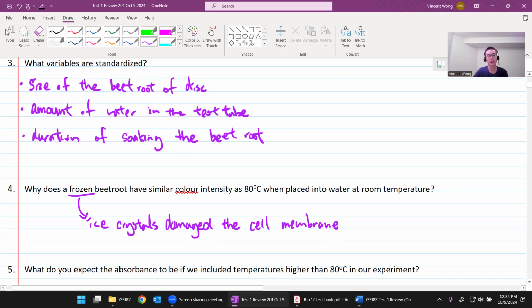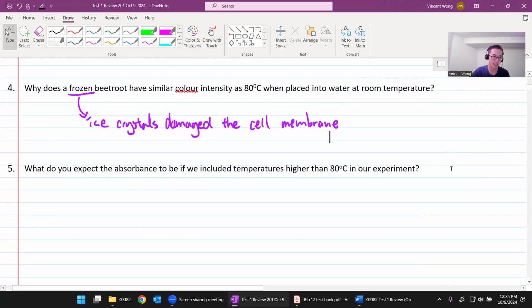When the cell membrane is damaged, everything is just going to leak out. So freezing it essentially has the same level of damage as heating it up to 80 degrees. And that's why you see all the pigments coming out, and that's why it's going to have high absorbance.